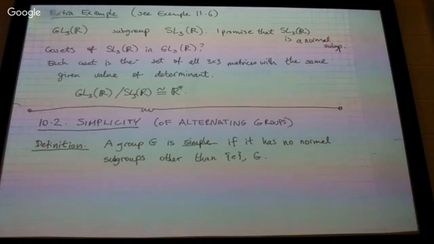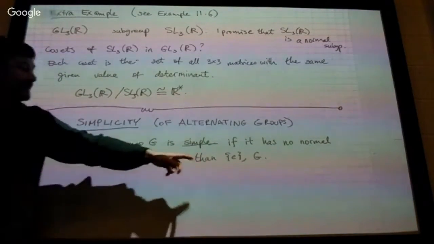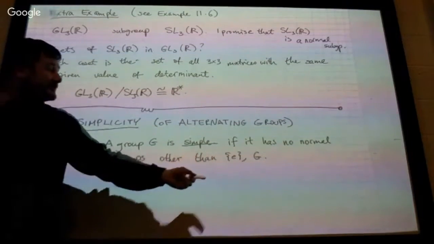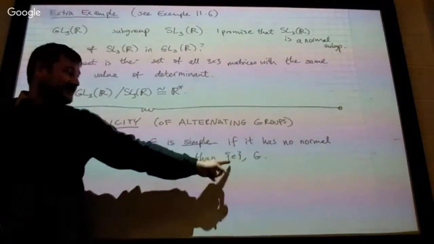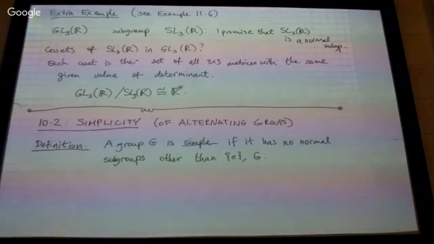The only way you can do a factor group is if you factor by the trivial subgroup, and you get G, nothing has changed. And if you factor by the whole G, you get the trivial group. Nothing, so that's not interesting. So simple, you can't really find any more complex structure within it.